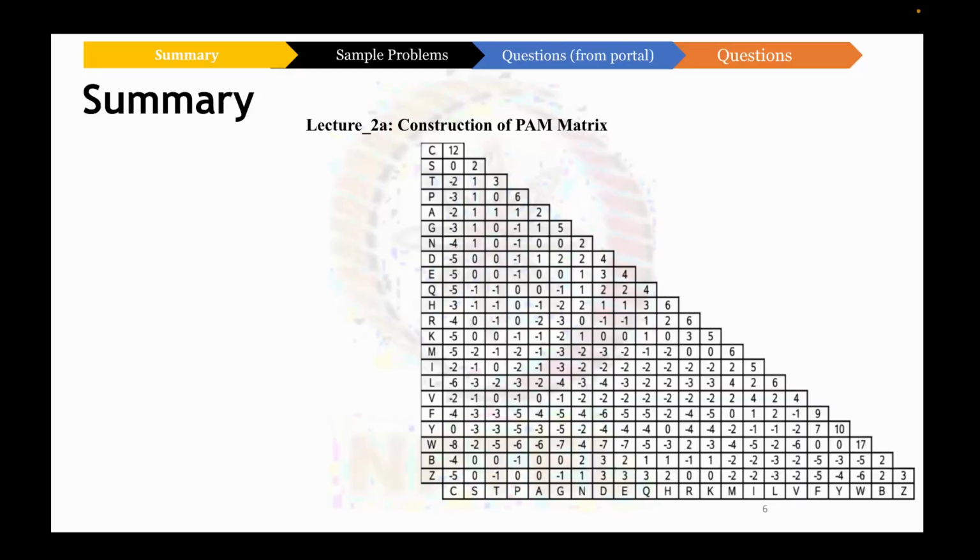In another way, the diagonal elements in PAM represent the score assigned to the matches between the same amino acid in the alignment. It is important to note that the values may vary depending upon the PAM model being used, which is PAM 1, PAM 100, PAM 200, 250, as each model is constructed based on different evolutionary assumptions and data sets.